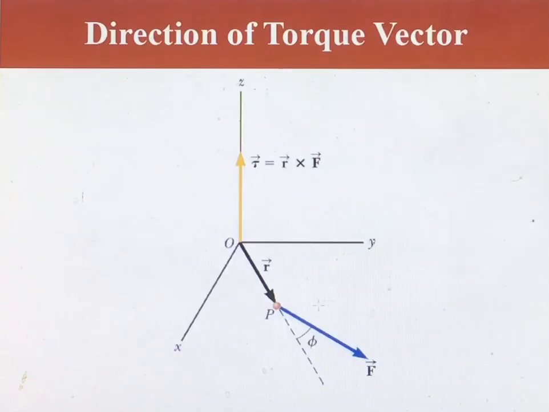Then when I calculate the torque, it is just going to be pointing up. Because my displacement vector is in the xy plane, and my force is applied to point P, my force is also in the xy plane. And then when I calculate the torque, I get a torque that is simply pointing along the z axis.